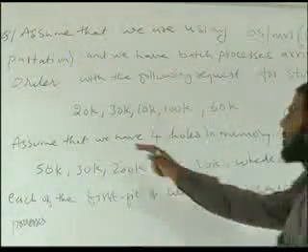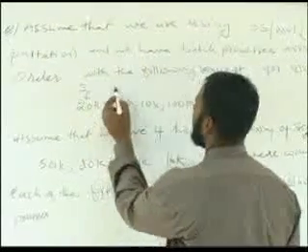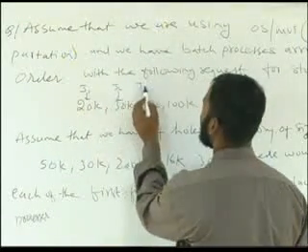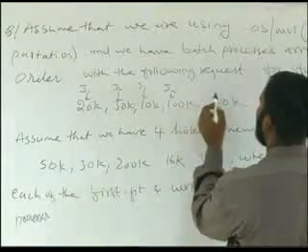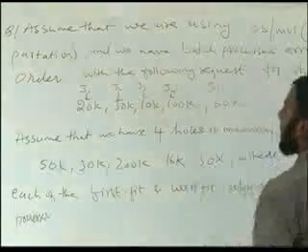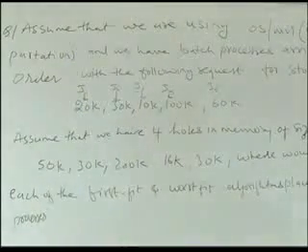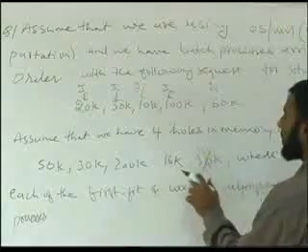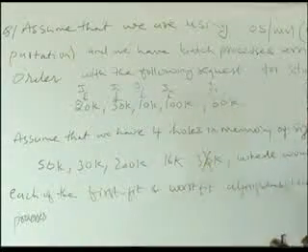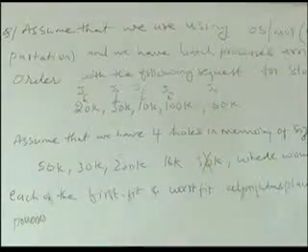Job 1 is of size 20 kilobytes, job 2 30 kilobytes, job 3 10 kilobytes, job 4 100, and job 5. And assume that we have 4 holes in memory of size 50, 30 and 260. So here we'll not take this 30. Assume that we'll have these first 4 holes. So where would each of the first fit and worst fit algorithms place the processes?